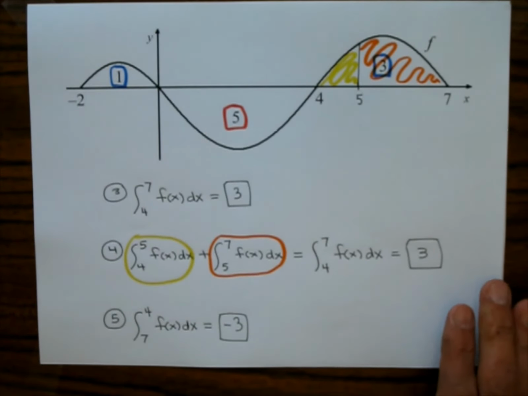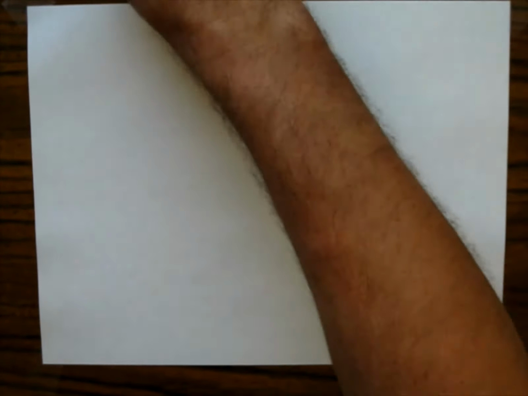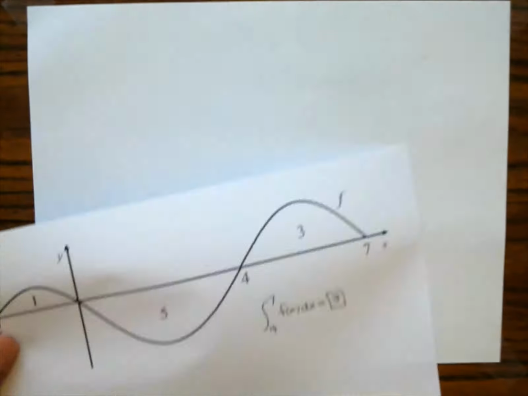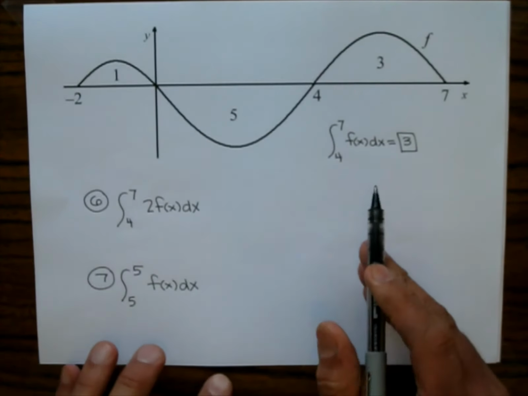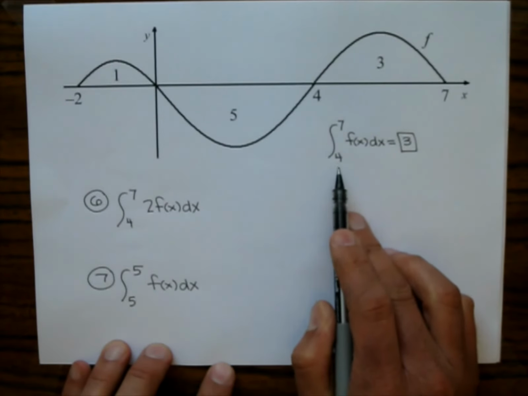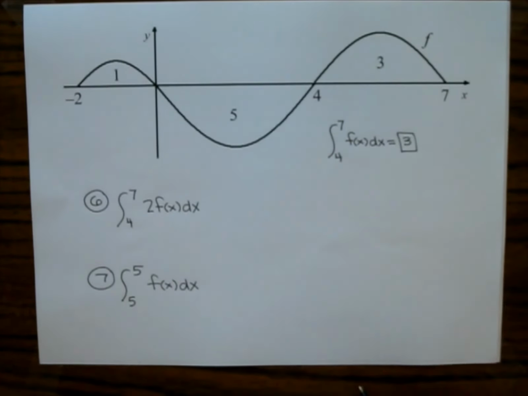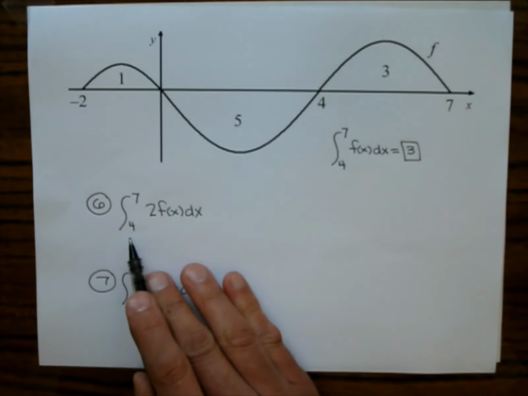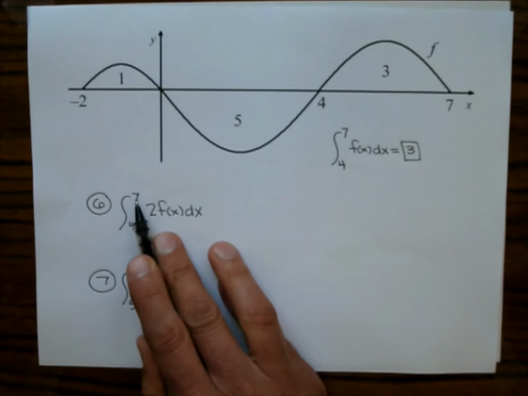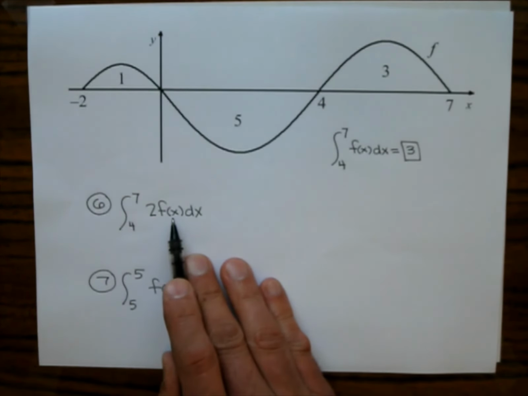Let's go ahead and do some more problems here. So problems 6 and 7. Now I went ahead and repeated the results of problem 3. The integral from 4 to 7 of this function is 3. Okay, so problem number 6. We're saying the integral from 4 to 7 of 2 times this function.